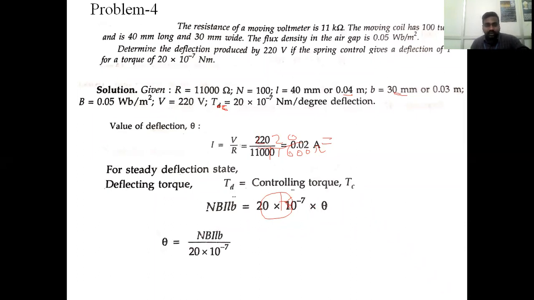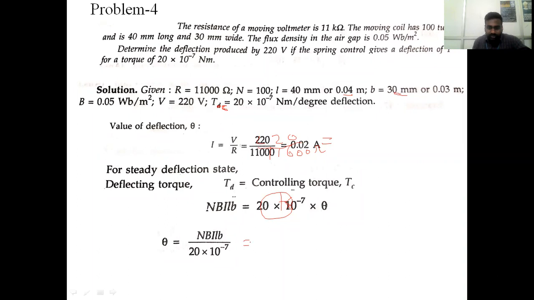We know the value of n. N is equal to 100. B is equal to 0.05 Weber per meter square. Current I is equal to 0.02 amp. Already we found it. We know the length of the former and breadth of the former. What will be the value of theta?